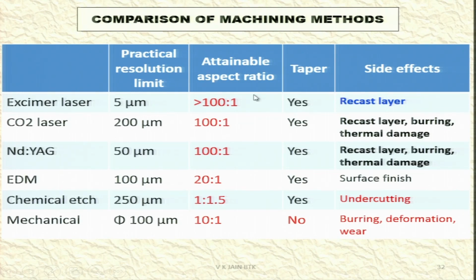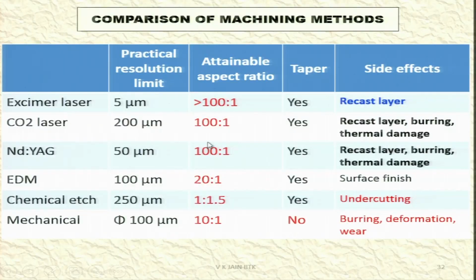While attainable aspect ratio is the depth of the machined feature to, say if it is a hole, the diameter of the drilled hole: 100:1, CO2 laser 100:1, Nd:YAG 100:1, EDM comparatively small 20:1, chemical etching 1:1.5, and mechanical 10:1.